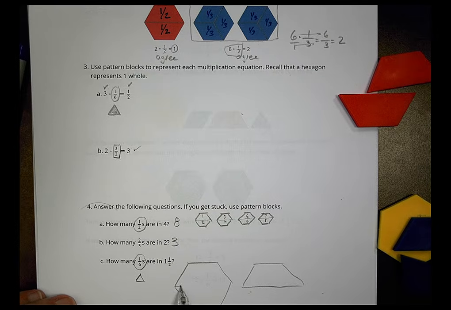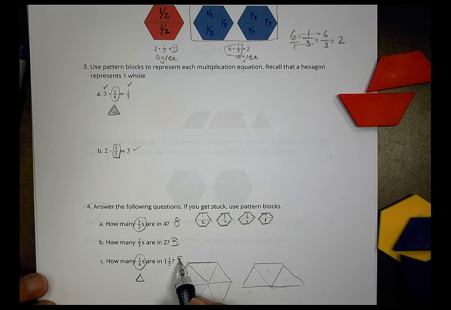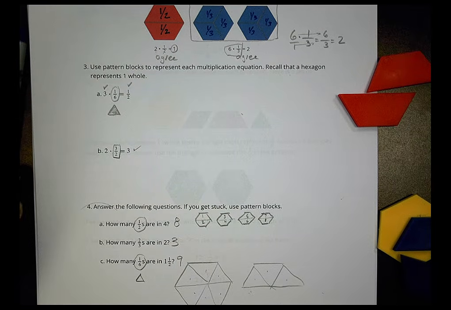Well, 6 triangles fit inside 1 hexagon, and 3 triangles fit inside of 1 trapezoid. So in total, I'm going to have 1, 2, 3, 4, 5, 6, 7, 8, 9 of those all together. Okay, so that's kind of the idea so far with what we're looking at.